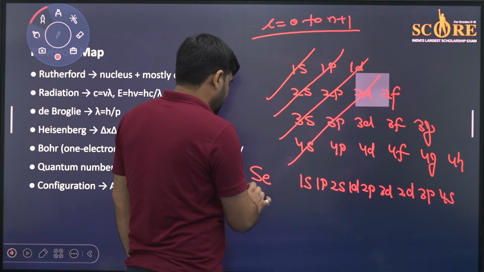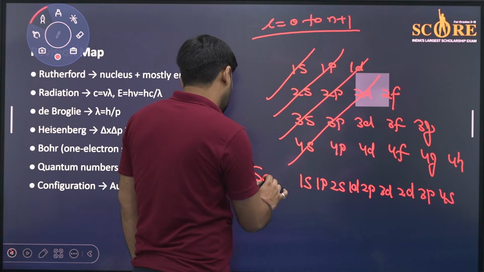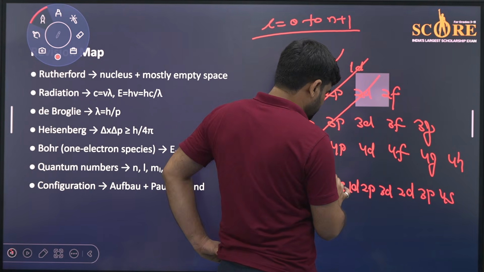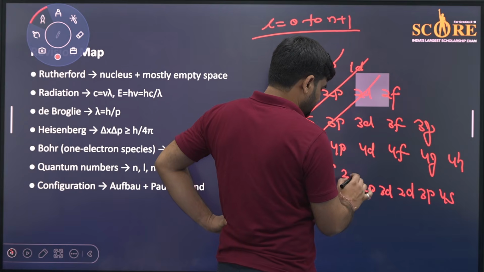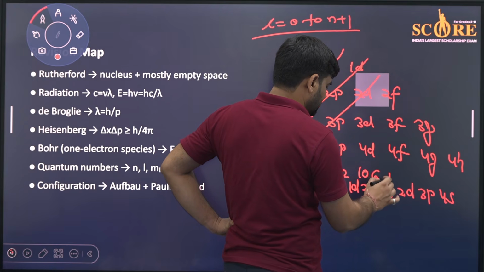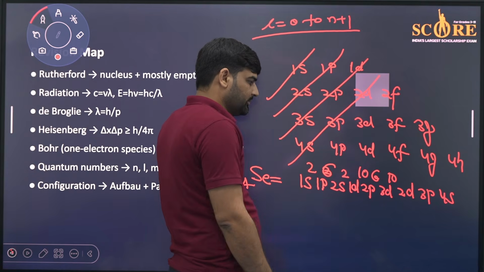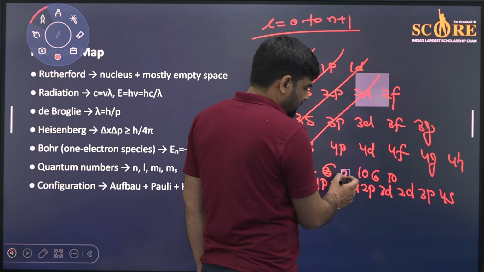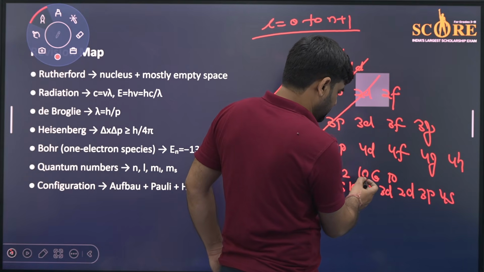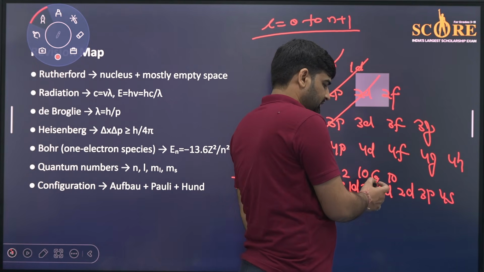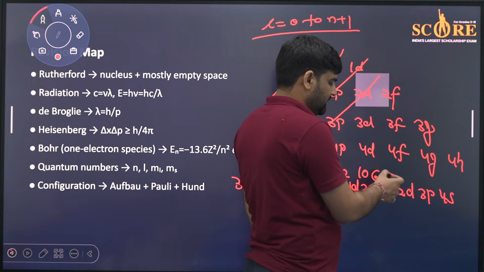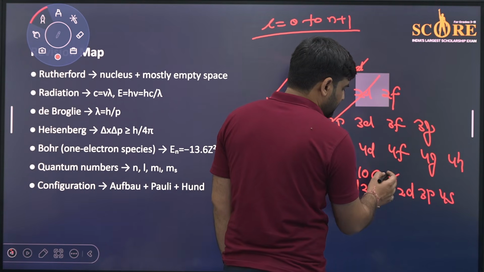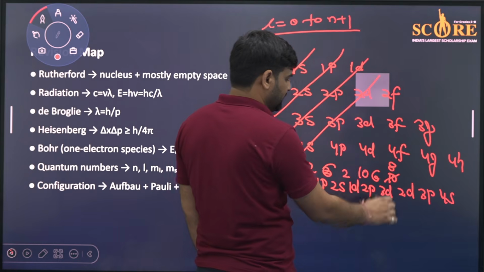Now we have to write the electronic configuration of 34 selenium. This will be 1s2, 1p6, and so on. What is the number of electrons till now? 2, 6, 8, 10, then 20, 26, and this is 36, but you have to write only 34, so you have to write 8 here only.